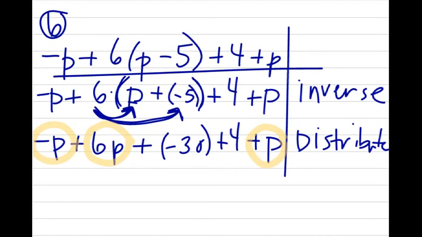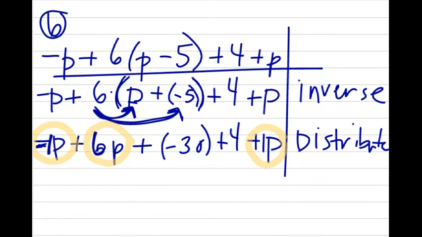I have negative p plus 6p plus positive p. Now if you want to put a 1 in front of that negative and a 1 in front of here to help you deal with the numbers, that's totally fine. You don't even have to add a new step unless you want to. If you wanted to add a step, it would be the identity step. But what we can do is I have negative 1 plus 6.